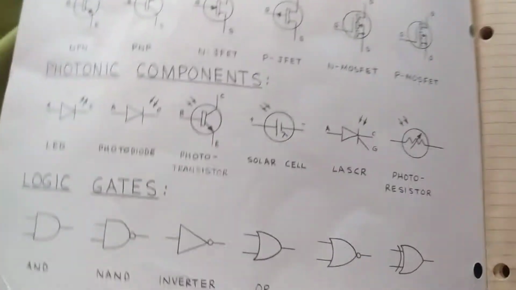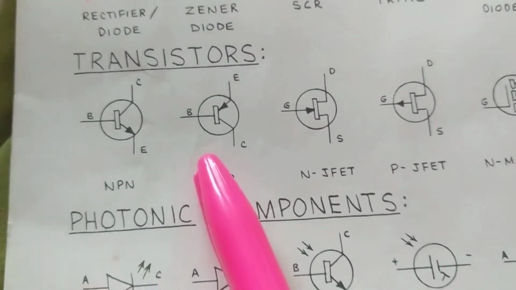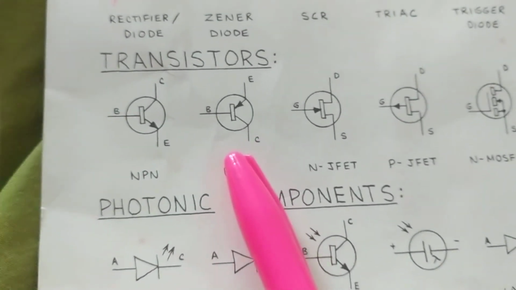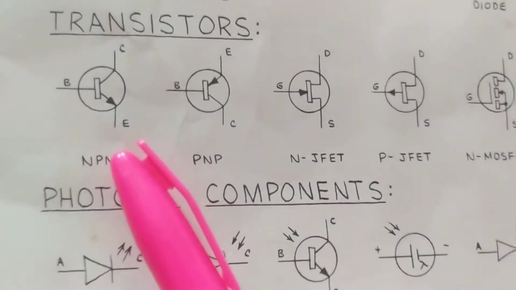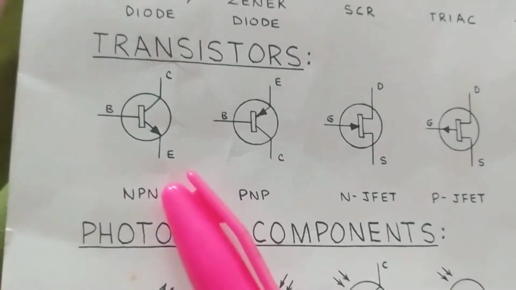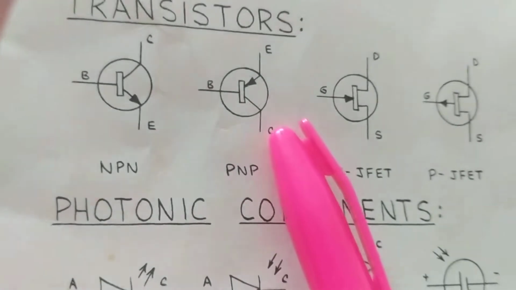The other ones I always talk about, these transistors are very important. These are the fundamentals of electronics. And I made so many videos about Ohm's law and NPN and these types of transistors, the configurations, common emitter, common collector.